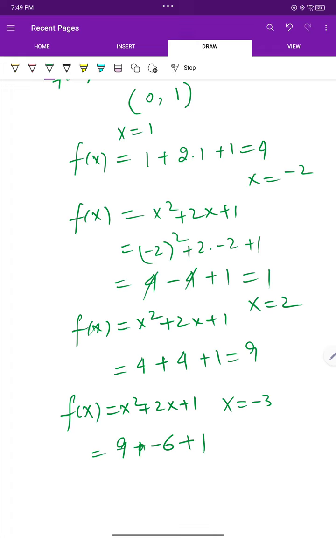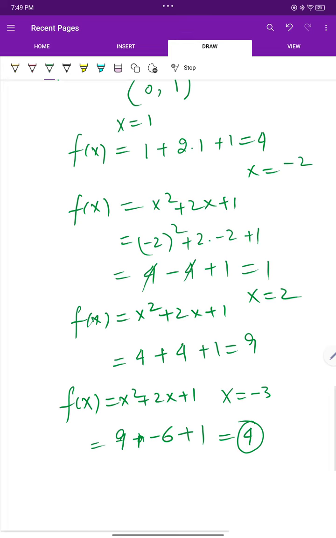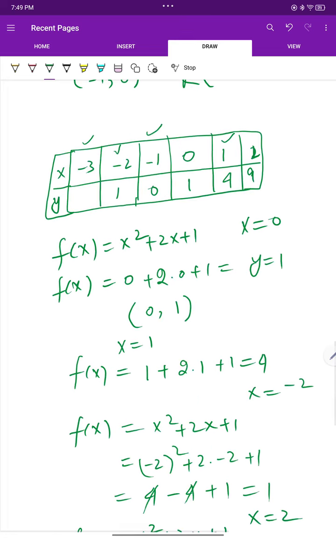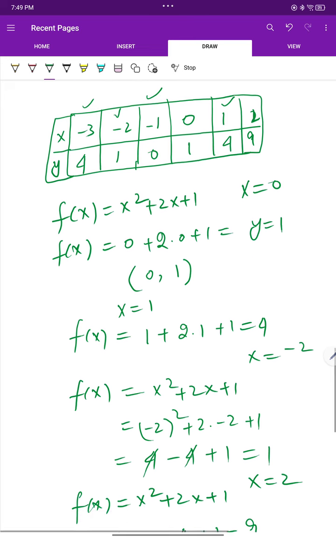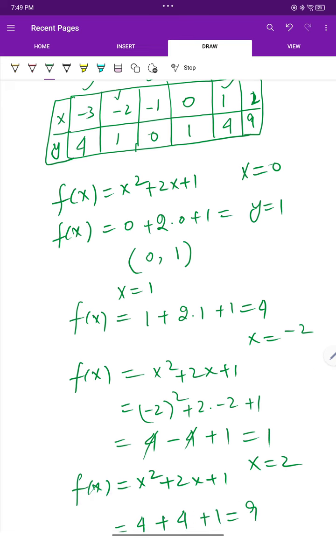So 9 minus 6 is 3, plus 1 is equal to 4. So the y value here we got 4. So now you got all the values, at least 3 more values.